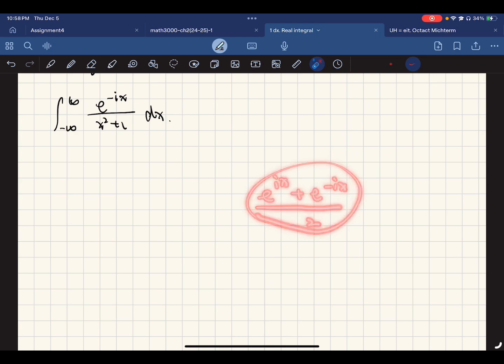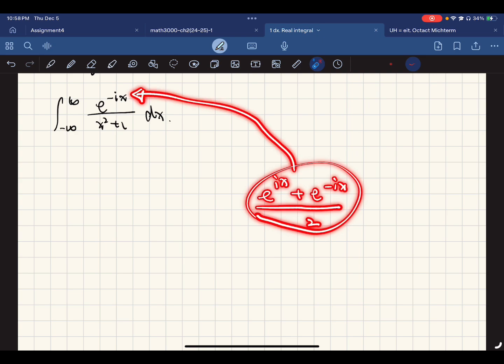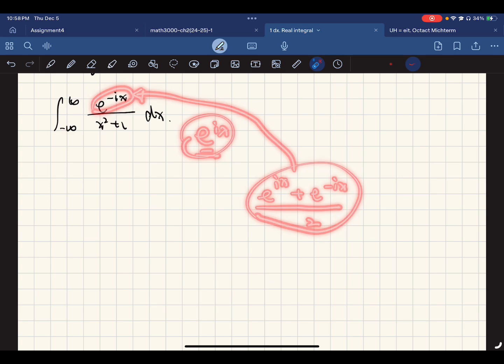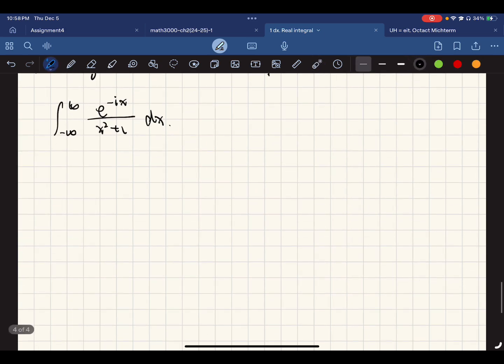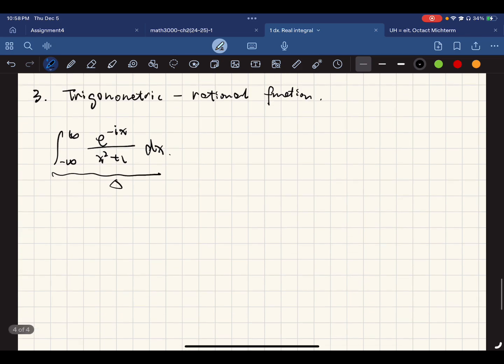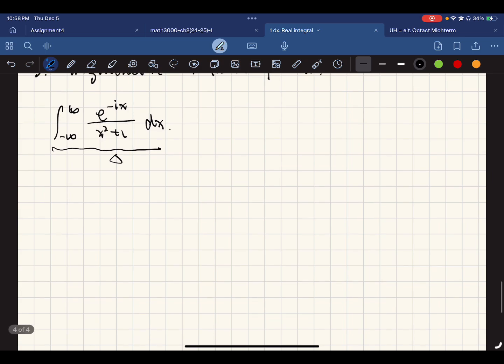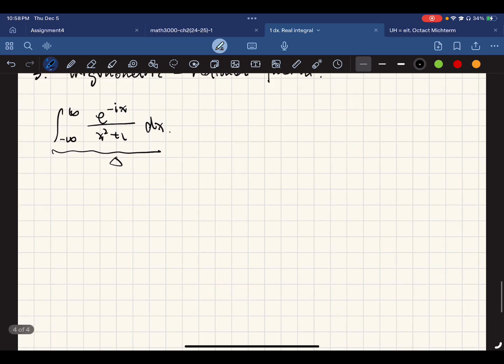So finally, we can convert all of these into exponential functions. So we only need to figure out how to calculate this integral, then we can solve the trigonometric and rational function combinations. How to do this? By the residue theorem, we will see.